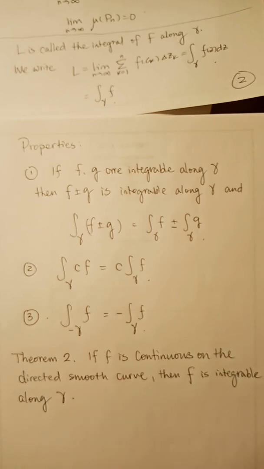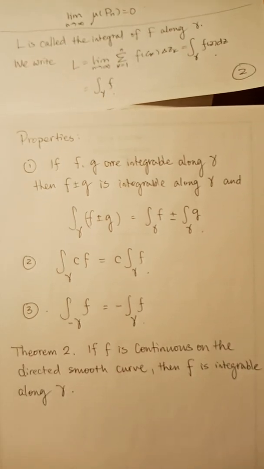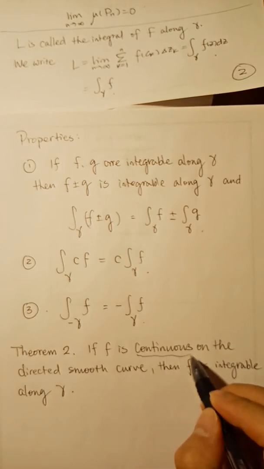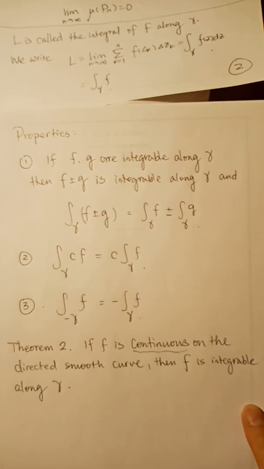So this is a very weak condition and very strong result. We don't need any differentiability or whatever, just continuity. When you have a continuous function, it is always integrable along the gamma. Okay. So continuity implies the integrability.